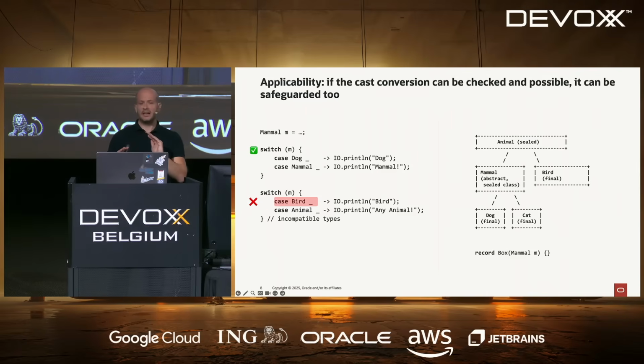A mammal cannot be a bird, okay? So the compiler knows that, emits an error, that this case is wrong. So our whole switch is wrong. Applicability guarantees that you cannot accidentally guard a conversion that can never happen, which is an important property.